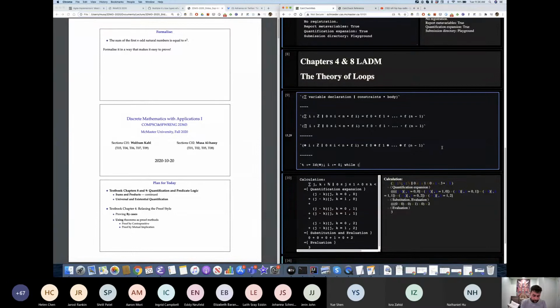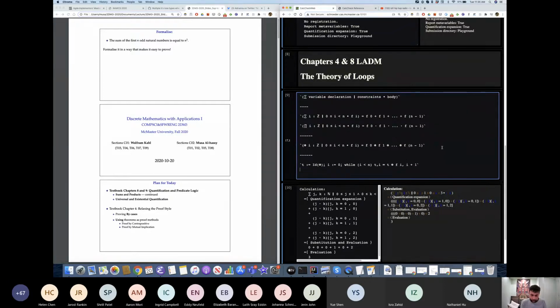Then I say while I is less than n, the total and I are both updated such that the total becomes T O plus f at I, and I gets incremented. This essentially means that at the very end, we have T equal to O plus over I with 0 less than or equal to I less than n of f at I.